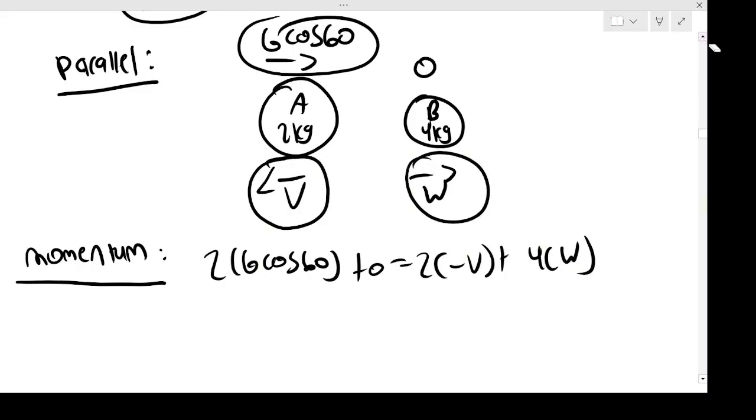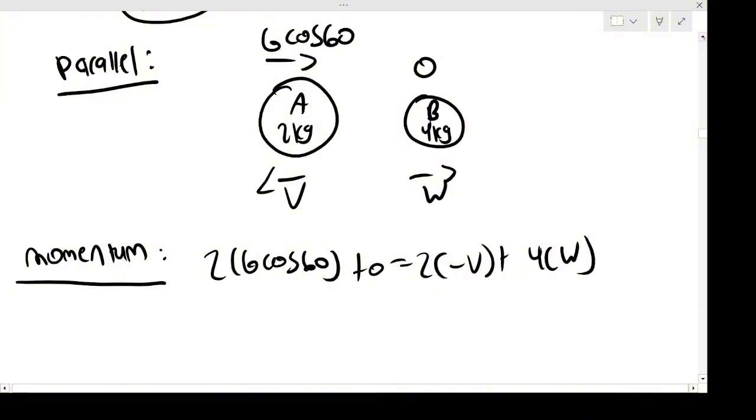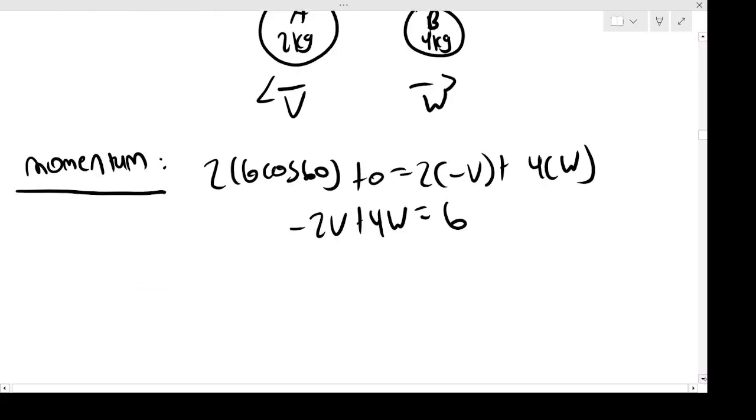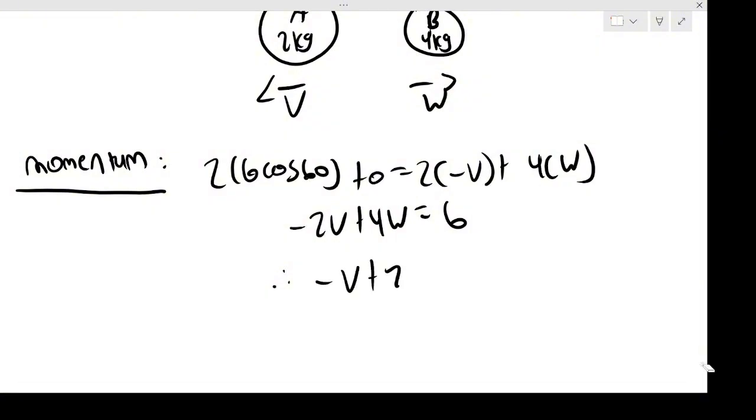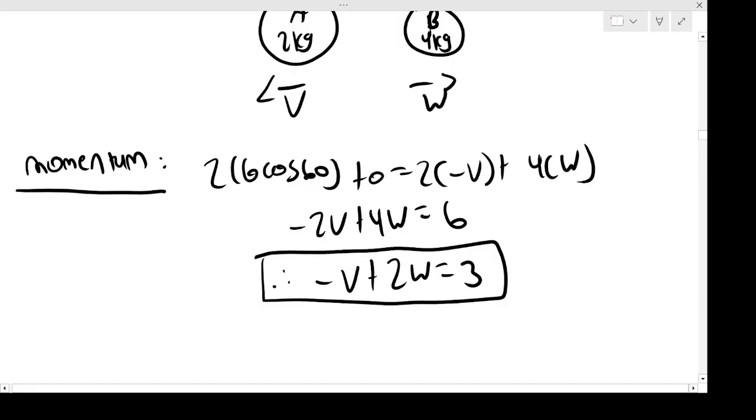And then we can simplify this to get minus 2V and 4W, we get 6, very nicely. We can simplify this even further by dividing by 2. So minus V plus 2W is 3. Hopefully happy with this momentum equation.